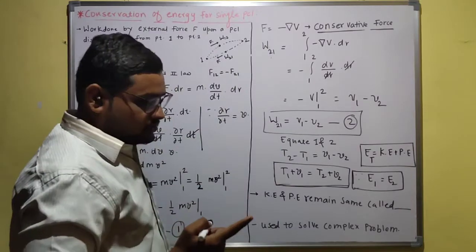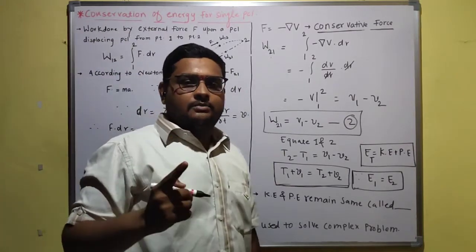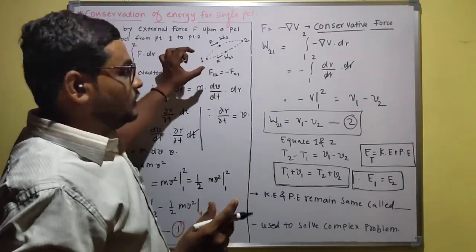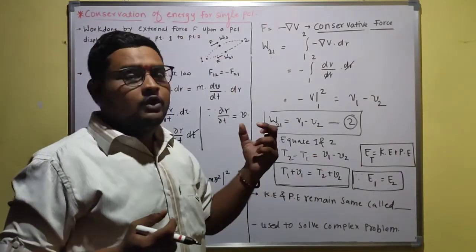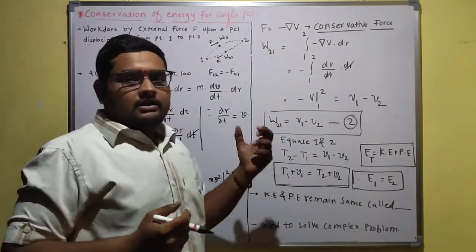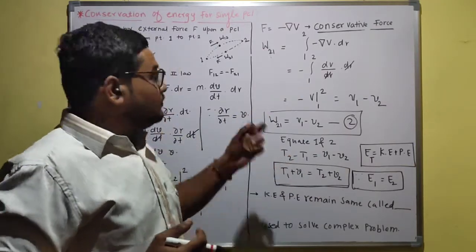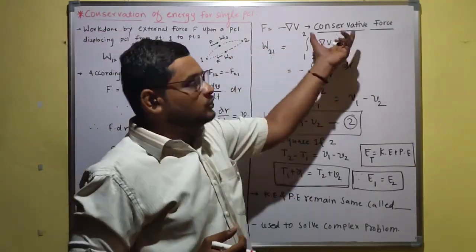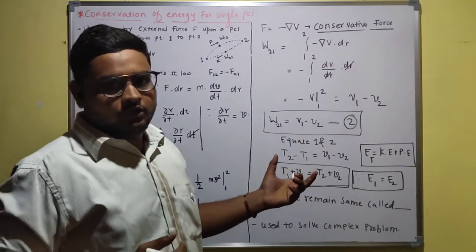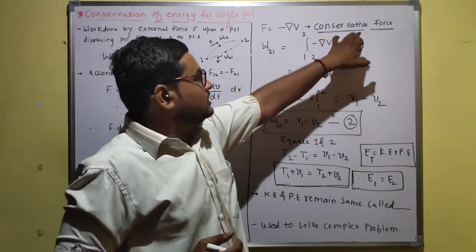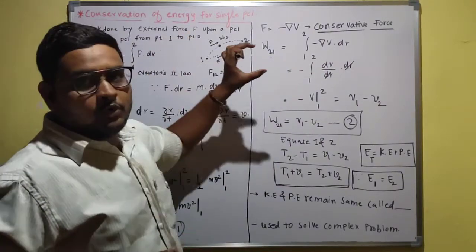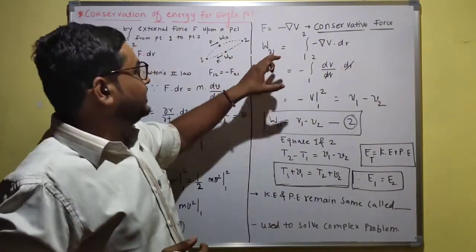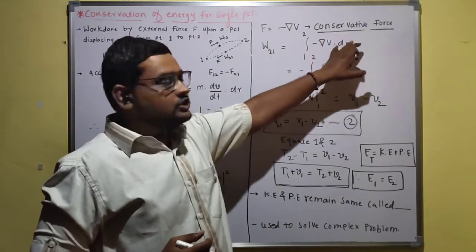If it takes a similar path and requires a similar amount of force to displace the particle from one point to another, and the force is the same, then that force is called a conservative force. Okay, you got what is meant by a conservative force? Whenever we require the same force and it takes the same path, at that time we call it a conservative force.